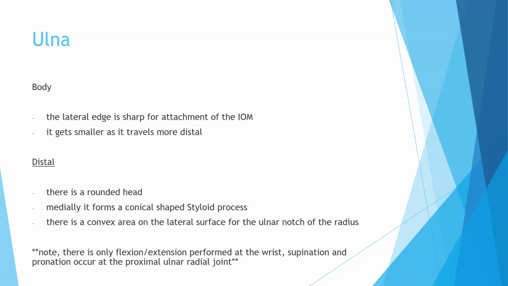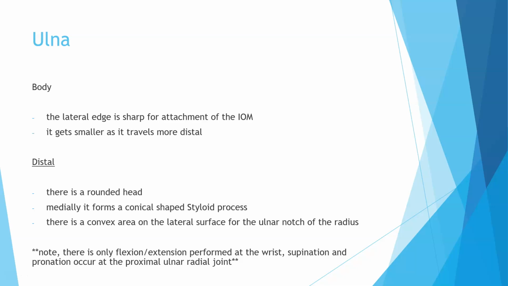So when we look at the distal ulna, it has a rounded head. It also forms, on the medial aspect, a conical shape called the styloid process. And again, if you take your hand and pronate it, so now in the pronated position, you're looking at the distal forearm.